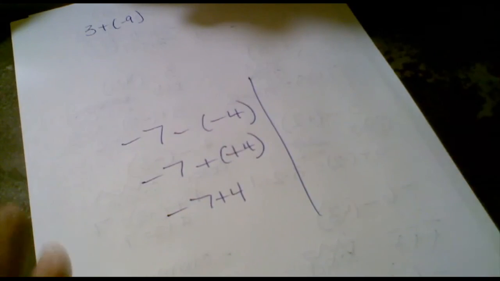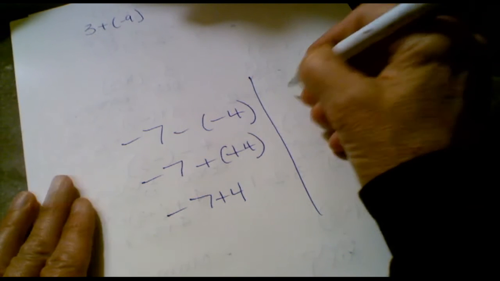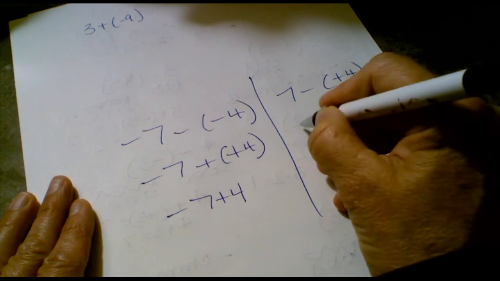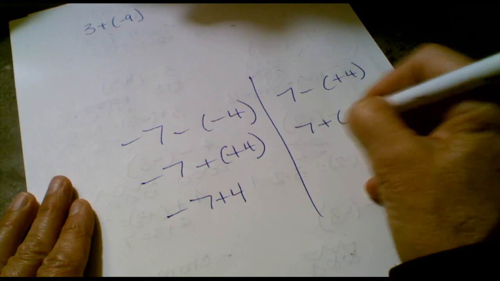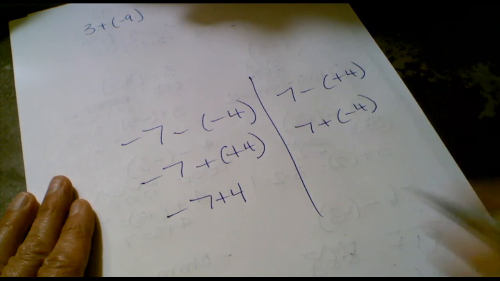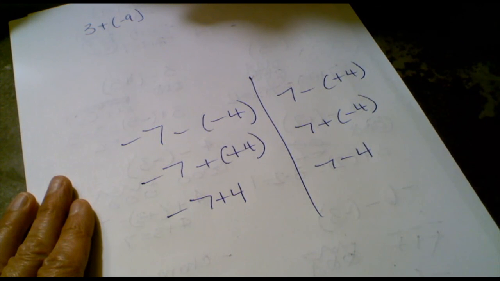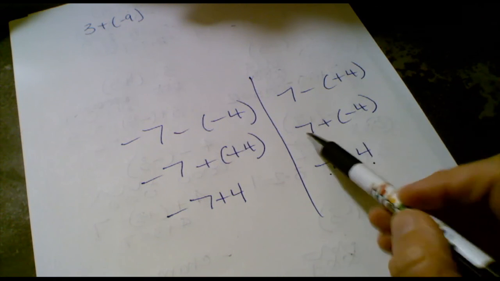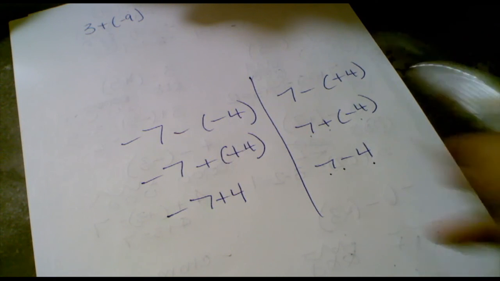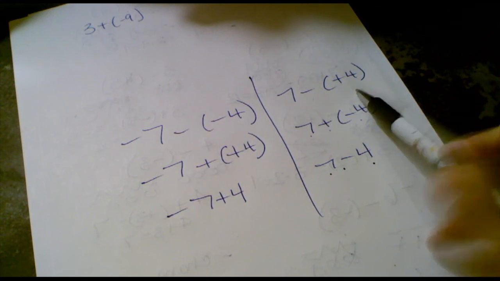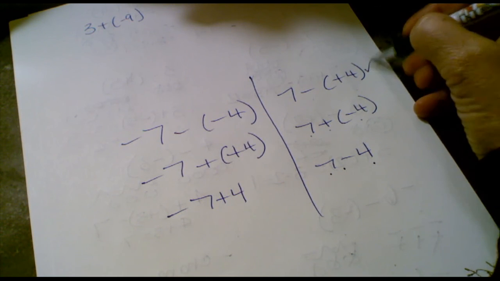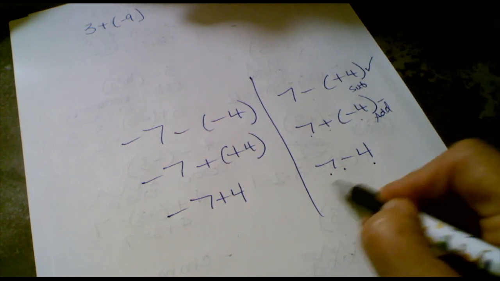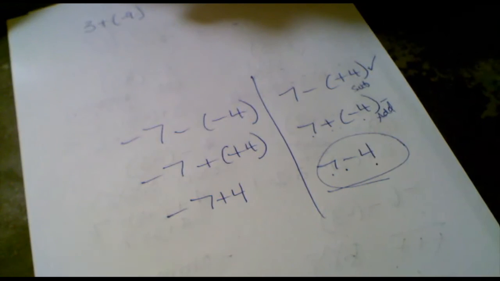I want you to remember that when you see 7 minus positive 4, it's really 7 plus negative 4, which is the same as writing 7 negative 4. So 7 minus 4 that you've been doing since kindergarten is the same as 7 plus negative 4. Confused? No, you're not. Because this is writing it as subtracting of integers, this is writing it as addition of integers, and this here is that without parentheses.